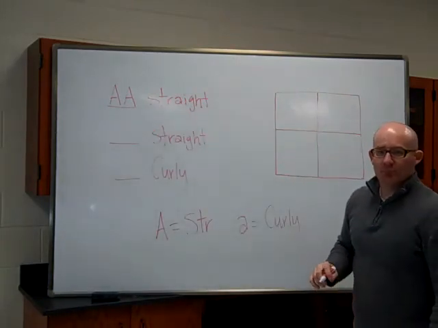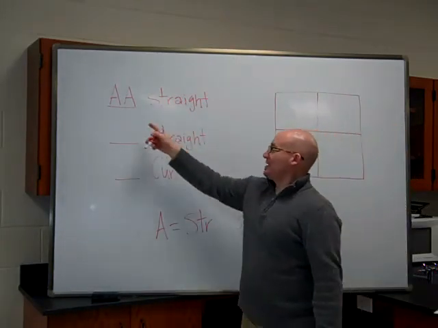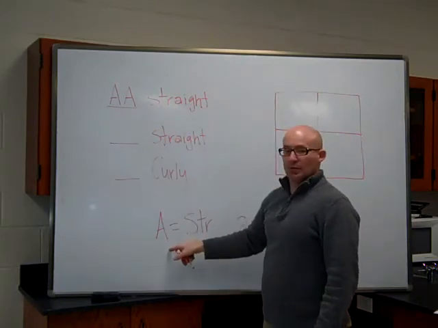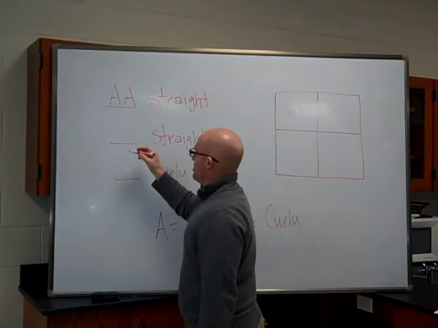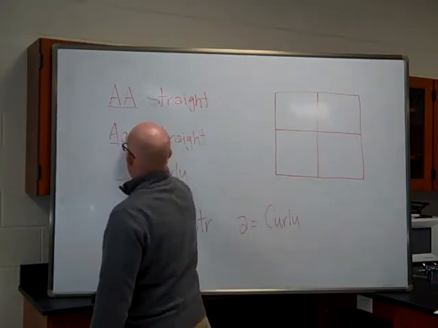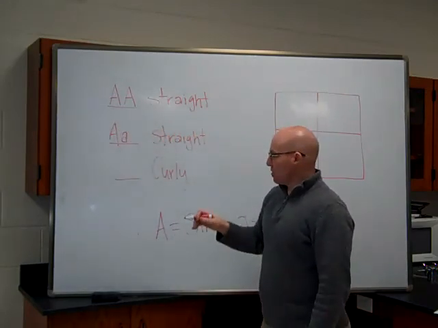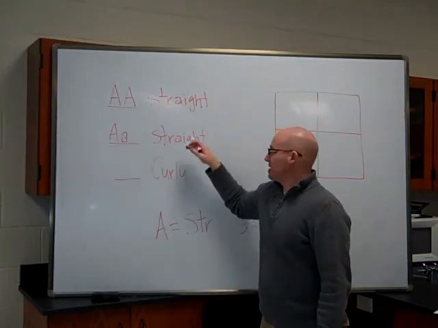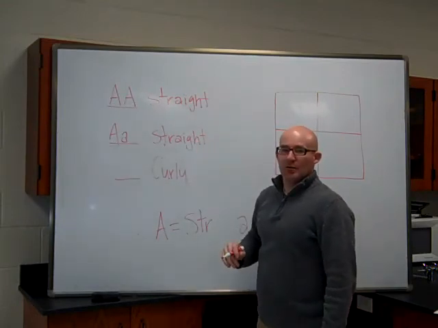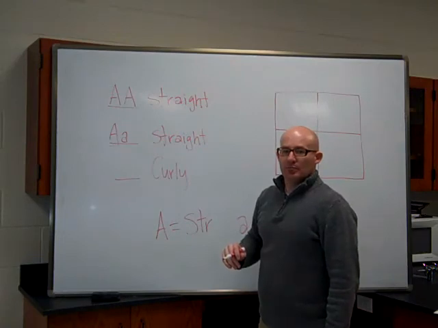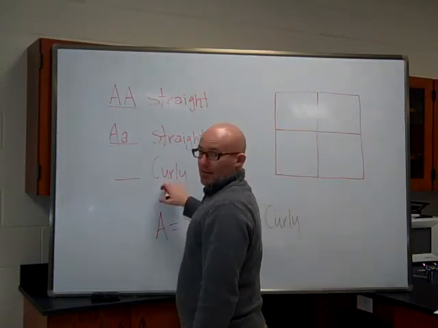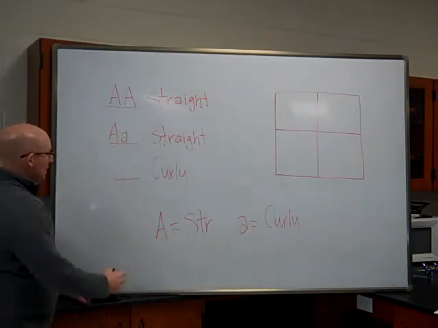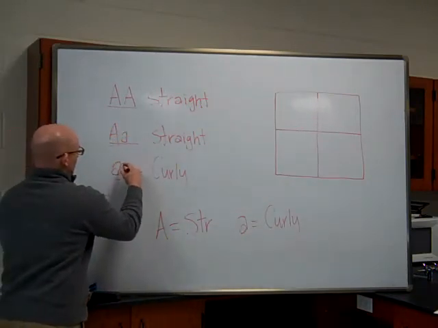So it's homozygous dominant for straight hair. It has 2 copies of that straight allele. This is usually my heterozygote, big A, little a, and I know straight is dominant because having 1 copy of that straight allele gives straight hair. Curly is my recessive allele, little a, so I know my curly individual is going to be little a, little a.